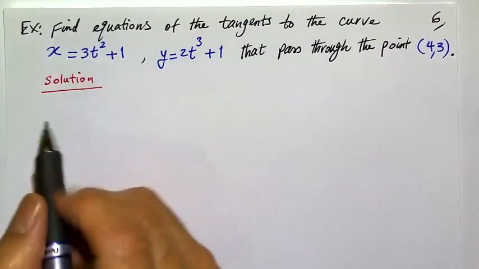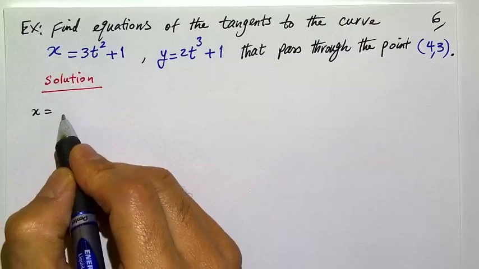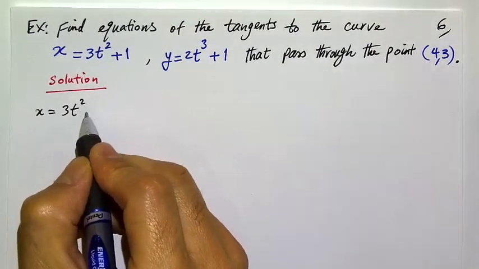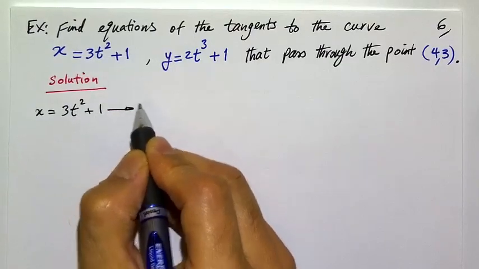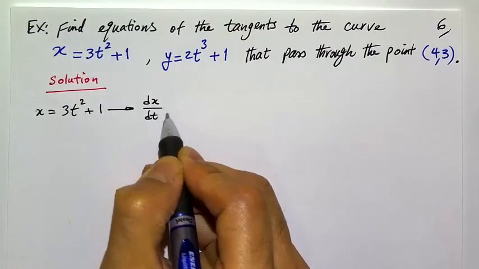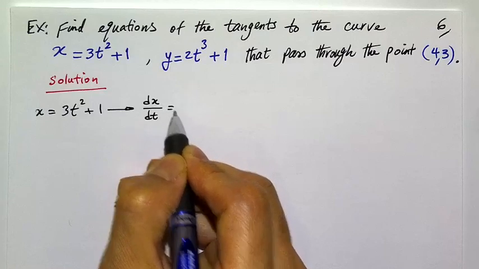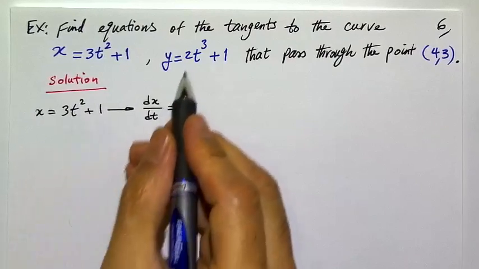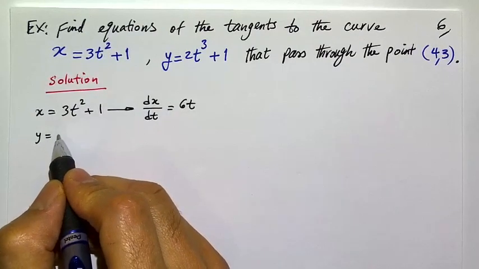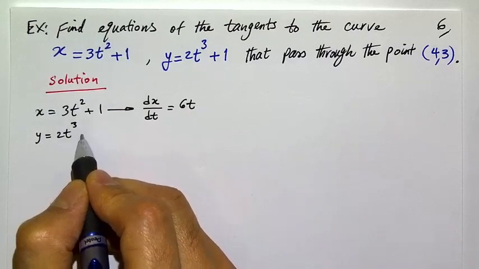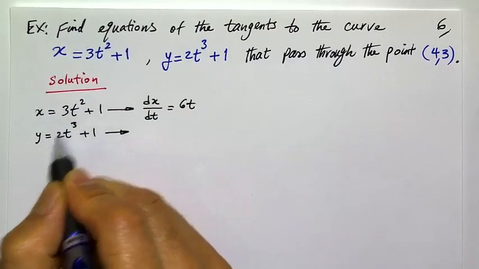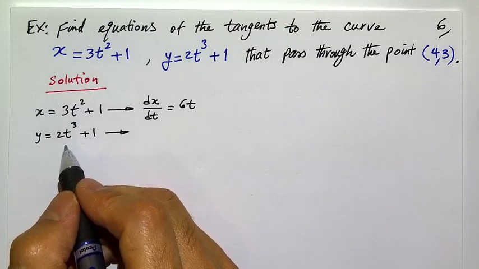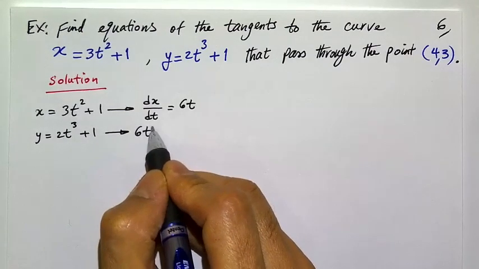So given this equation, x equals 3t squared plus 1, then dx dt is simply 6t. And then given the parametric equation for y, then we have 6t squared, right? 6t squared.